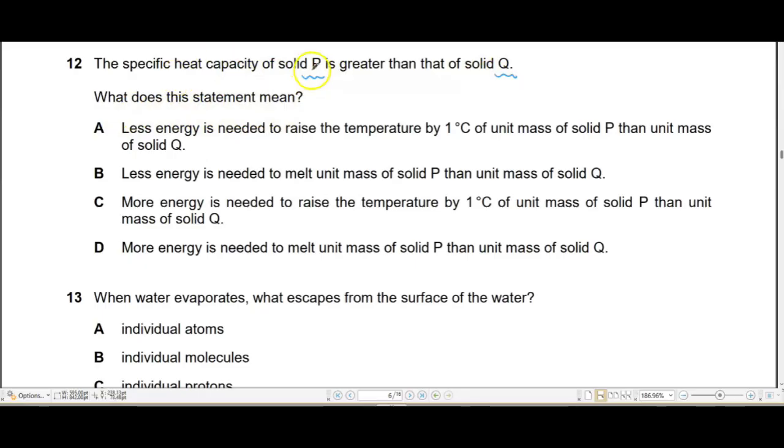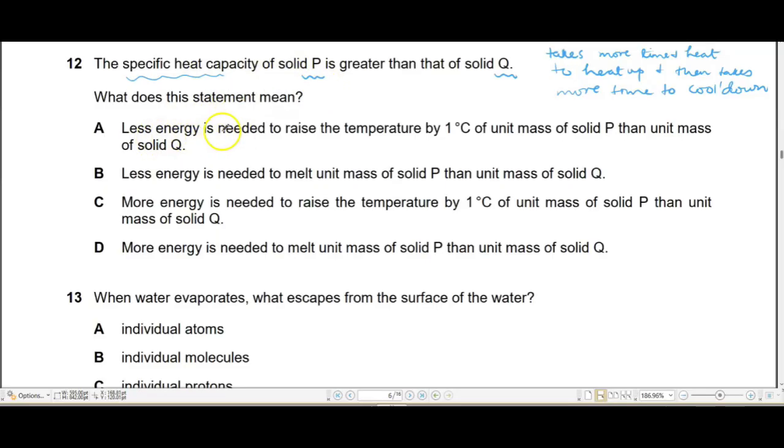If some substance has more specific heat capacity, it means that it takes more time and heat to heat up, and then takes more time to cool down as well than the one that has lesser specific heat capacity. Okay.